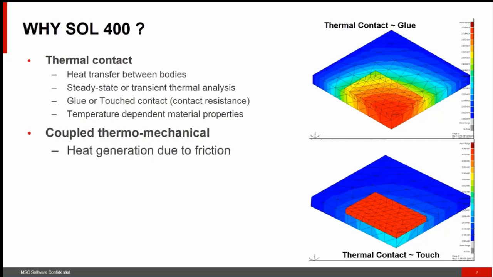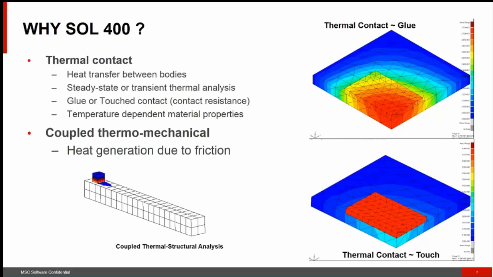Another option that's available in Solution 400 is the coupled thermal-mechanical structural analysis. This multi-physics analysis allows the temperatures to be passed at each increment to the subsequent structural analysis. And this is much, much faster when done in Solution 400 in comparison to Solution 101.